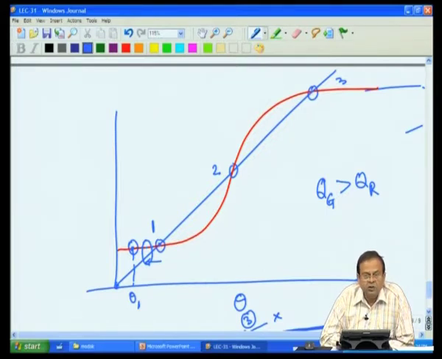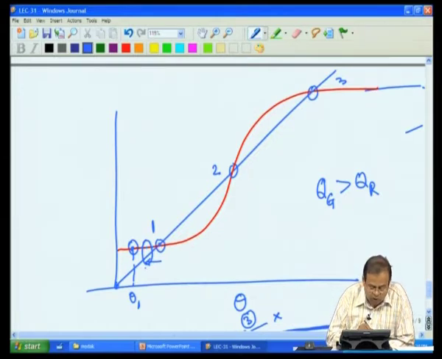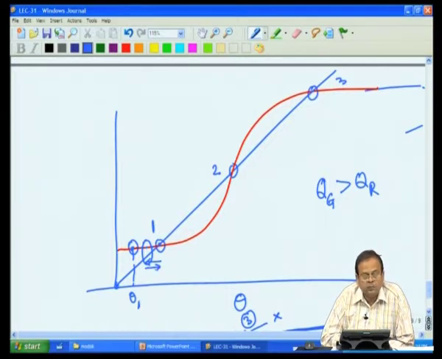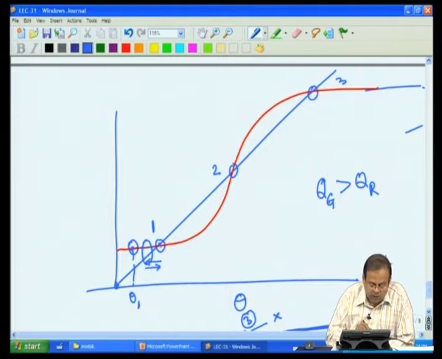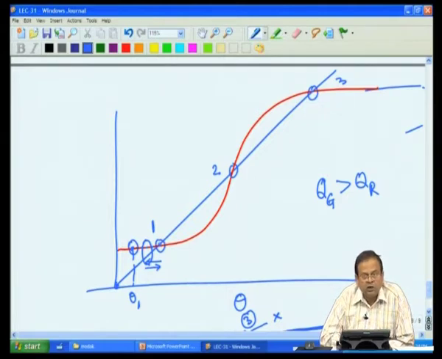That means heat generation rate is higher than heat removal rate. So, what will be happening in our reactor? If heat generation is higher than heat removal, temperature will increase. So, we will start moving in this particular direction till such time that I come to this particular value of steady state where QG is equal to QR.